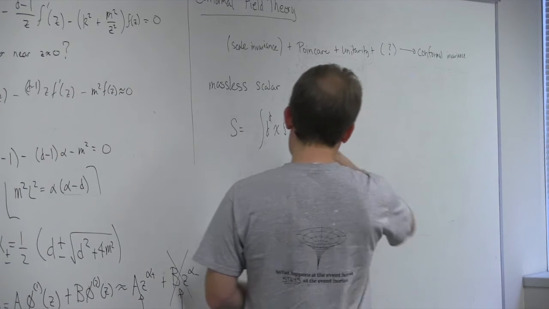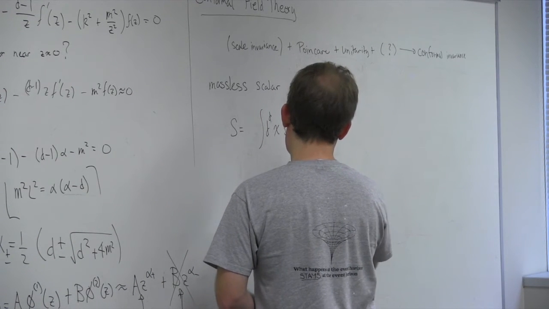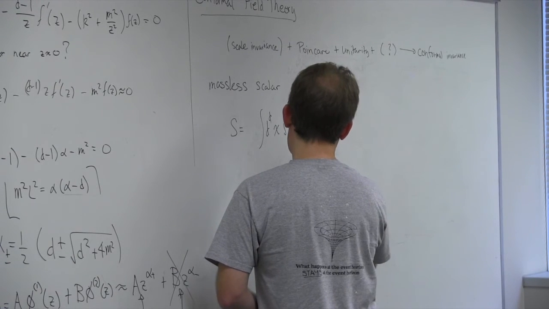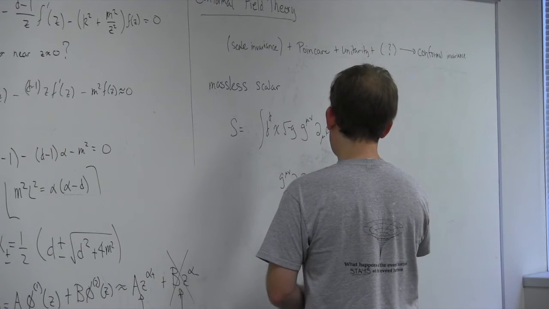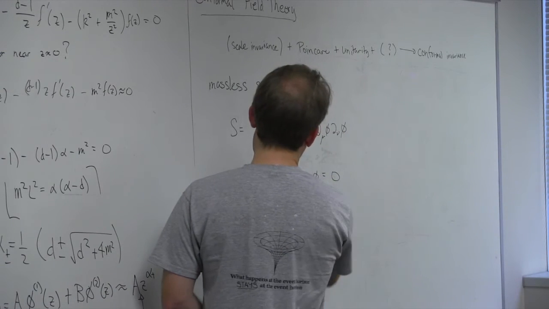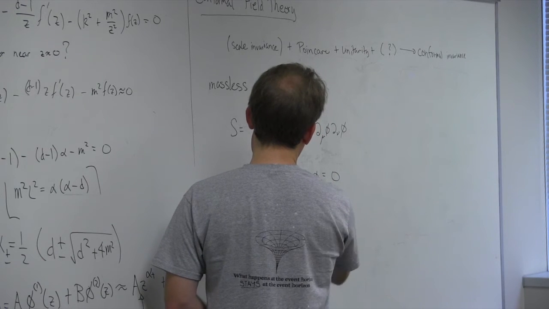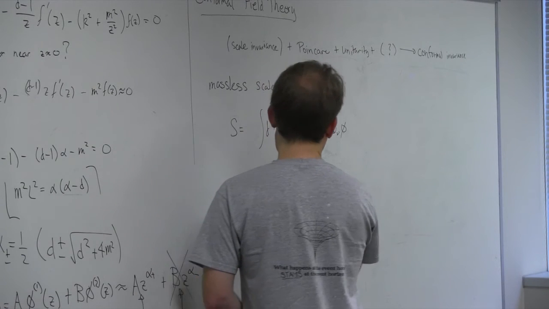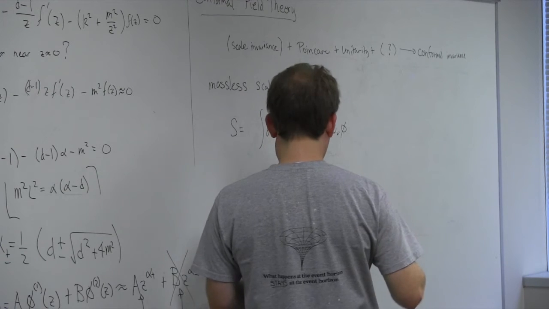And because the equation of motion is just the d'Alembertian, you can see that if I do one of these coordinate transformations where the metric just goes to a constant times the metric, then the equations of motion are invariant, and indeed the action is invariant.